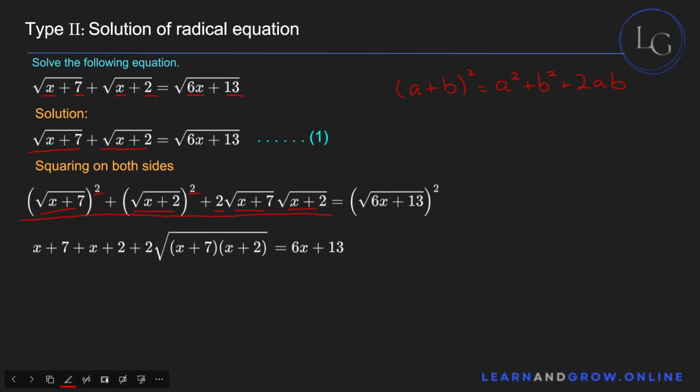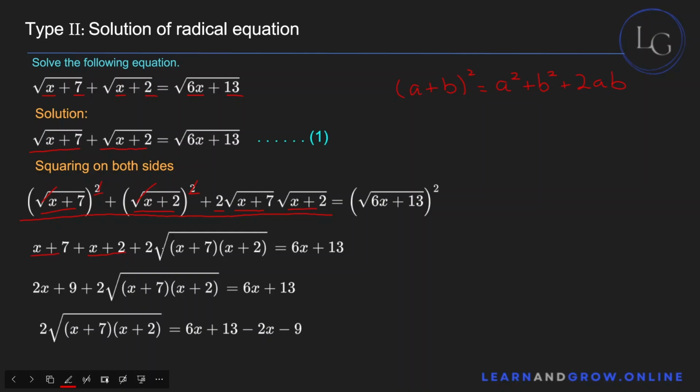Now, when you open up, this will cut out this radical sign, this will cut out this radical sign, and so you'll get this and this term will remain as it is. Now, when you do all the calculations, you get this, and then you'll take everything besides the radical term on one hand, and you'll put the radical term on one hand.